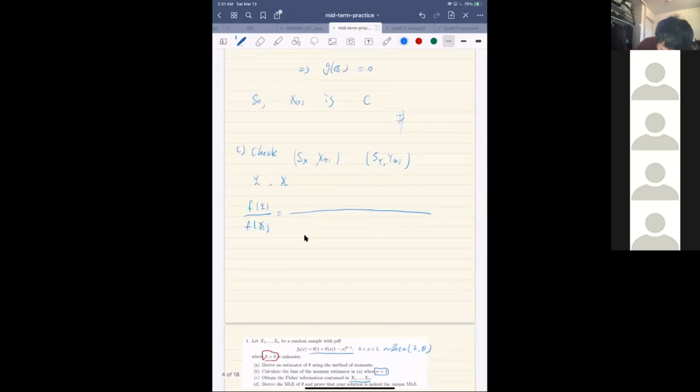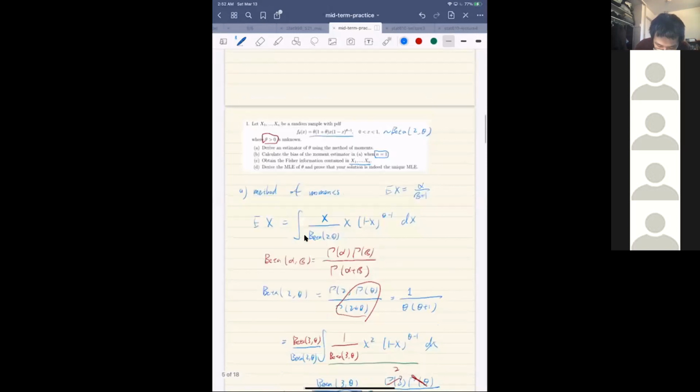So we will have the product of xi tau minus 1 and the product of si tau minus 1 and the indicator function.